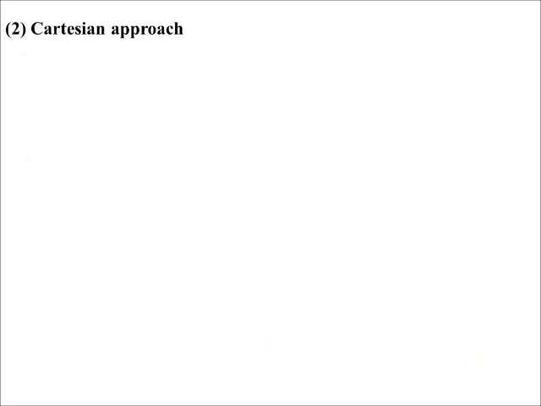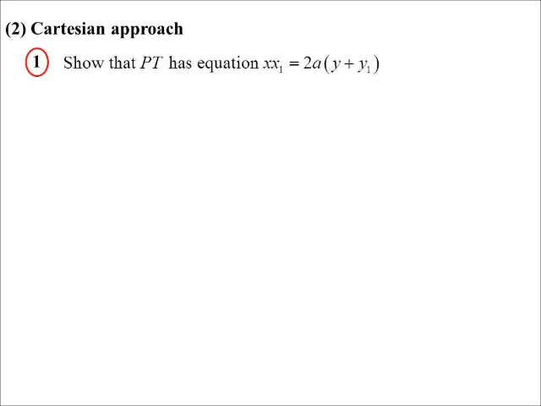Okay. Well, let's come up with that same equation but using a Cartesian approach. And this is the one you're going to think is a bit dodgy. And that's what I was just talking about. The equation of the tangent, when we did it with Cartesian the other day, we came up with x1 x equals 2a(y plus y1). So I know PT has that equation.